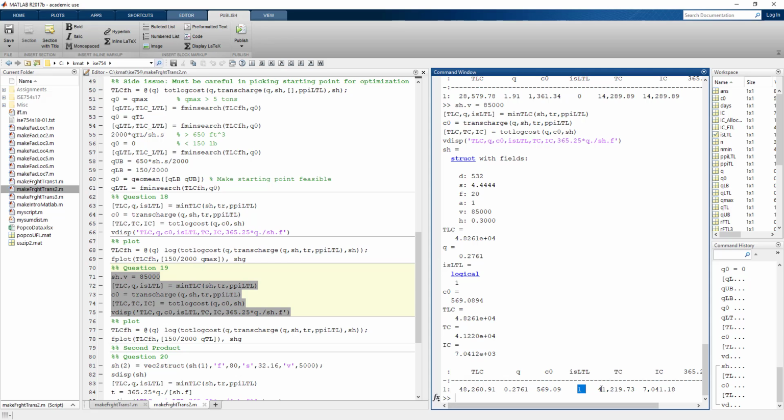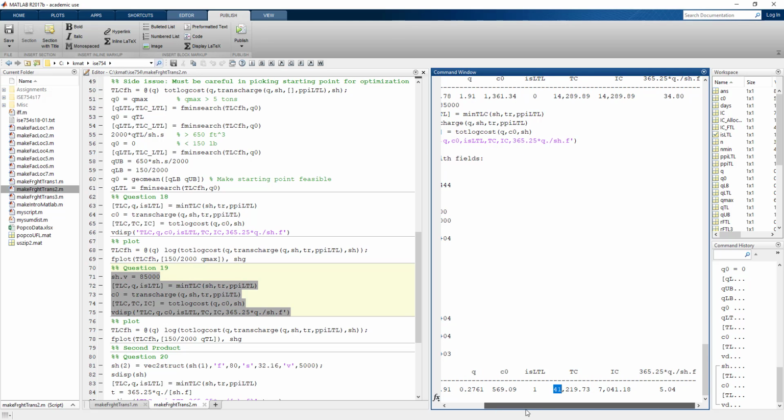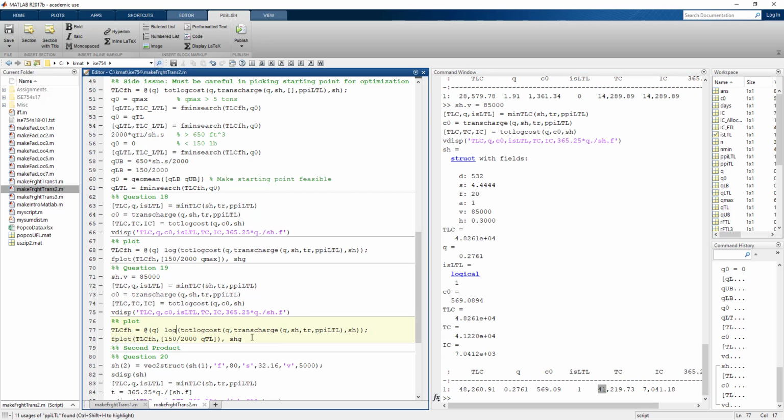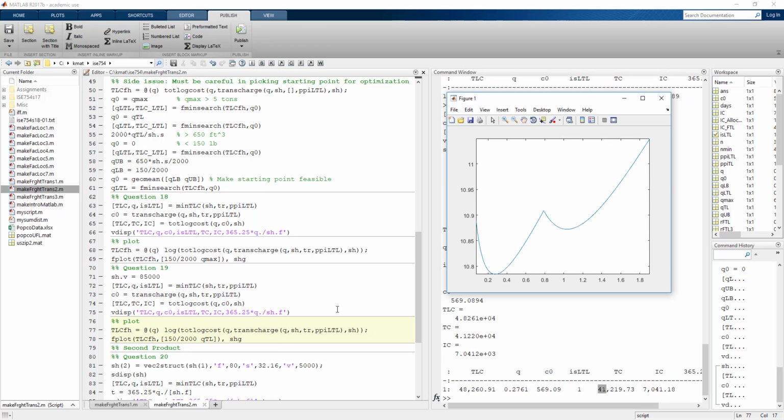In this case, we're spending a lot more on transport as opposed to inventory, and we're getting the lowest possible total logistics cost for this scenario. Also, the product is being shipped much more frequently, every 5 days. We can plot this result. Here we get the same two minima, and here you can see that the LTL is the lower of the two.